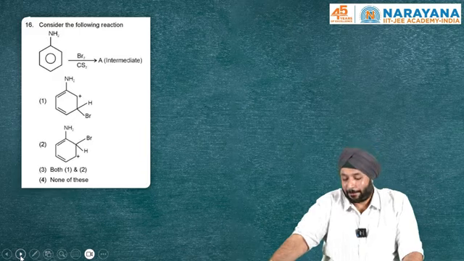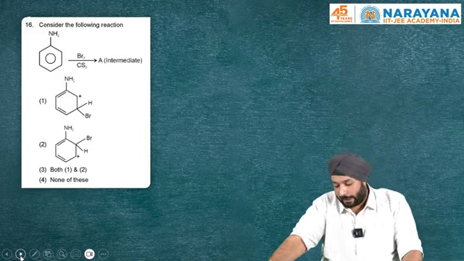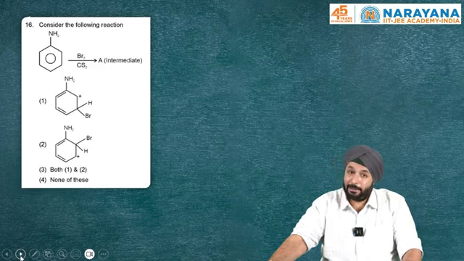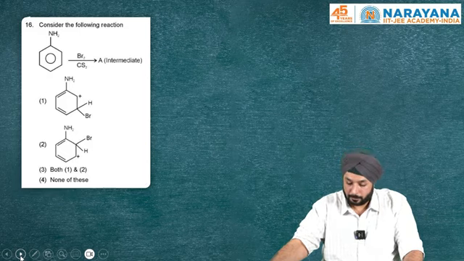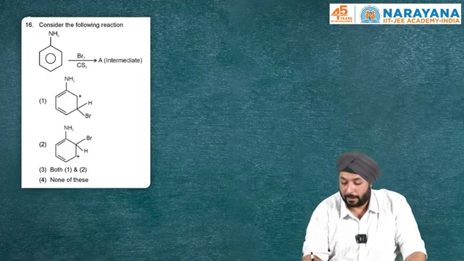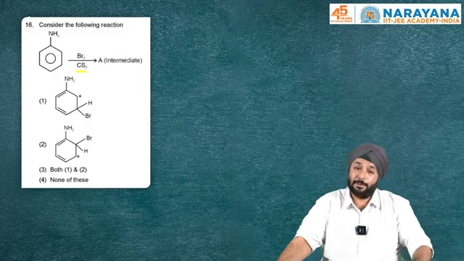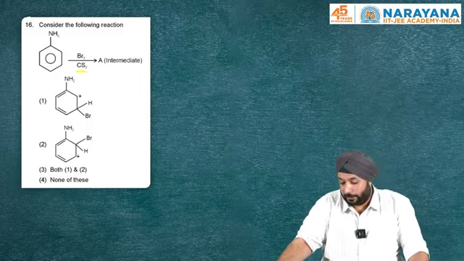Question number 16. Consider the following reaction. We are reacting aniline in the presence of bromine and CS2, right? And they are asking for the intermediate. So again, whenever you are using carbon disulfide, the major substitution will be at ortho and para positions, right?